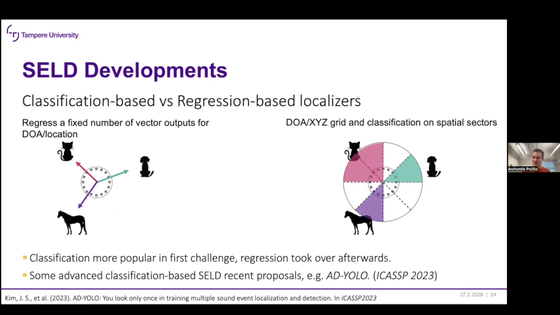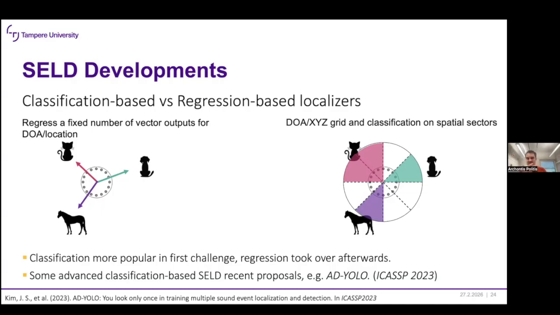With a classification way, I would say one has more flexibility to handle multi-source scenarios. However, if we are moving to full sphere localization and we want a good spatial resolution, then one has to handle hundreds or thousands of classes, which becomes a challenge in itself to train effectively in multi-source scenarios.